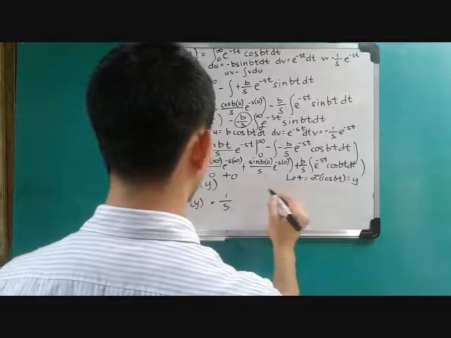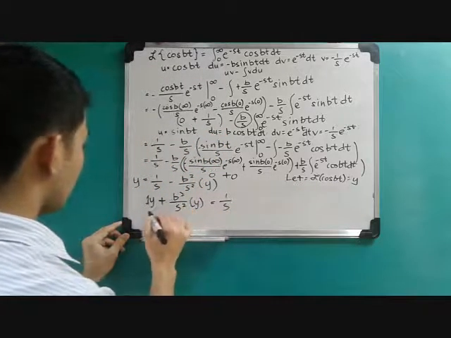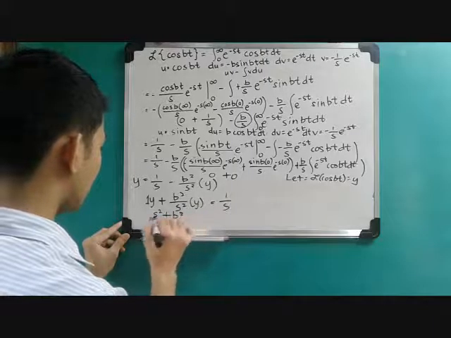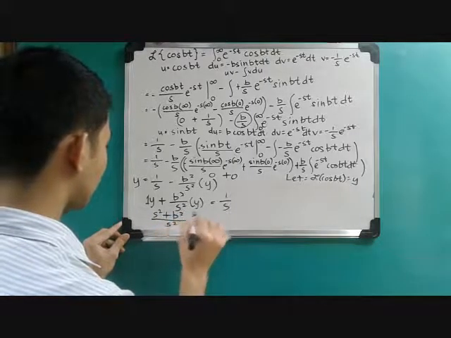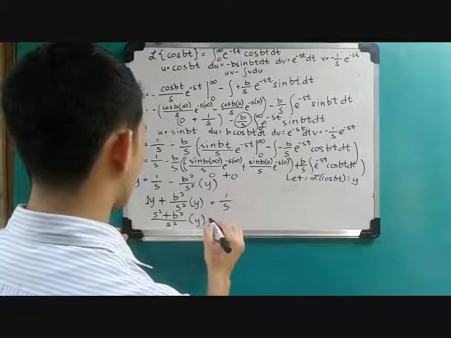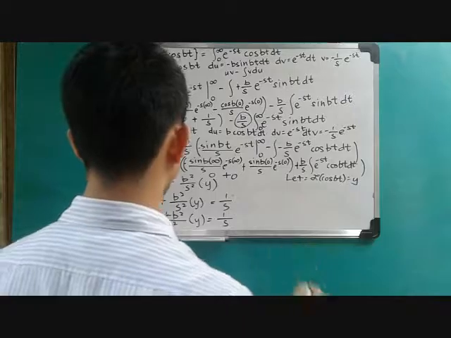It will become s squared plus b squared over s squared times y is equal to 1 over s.